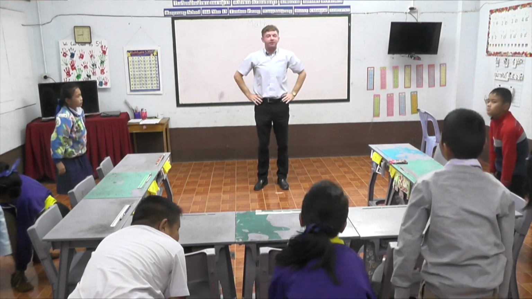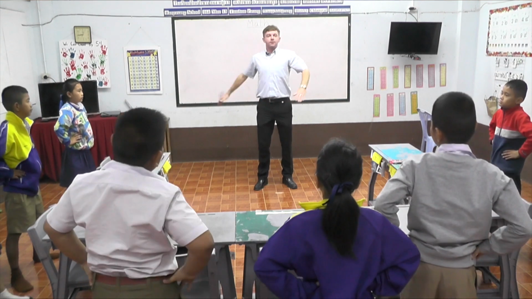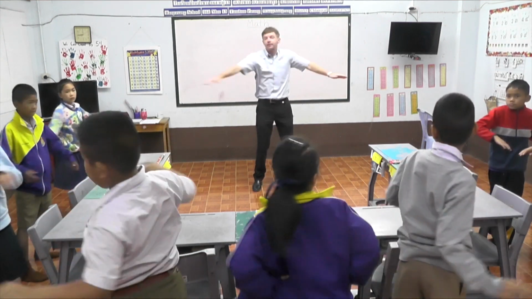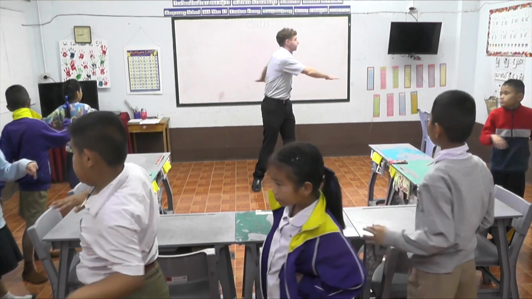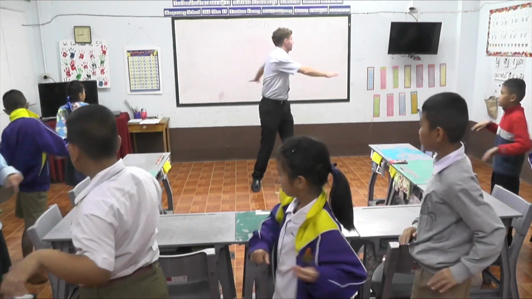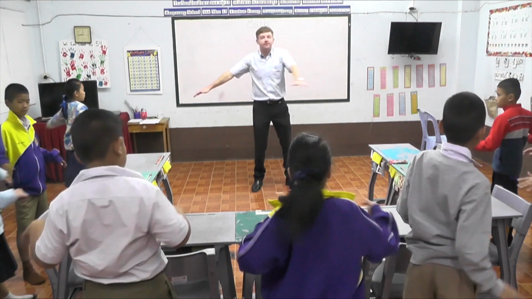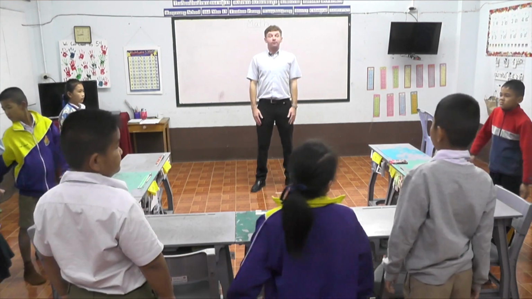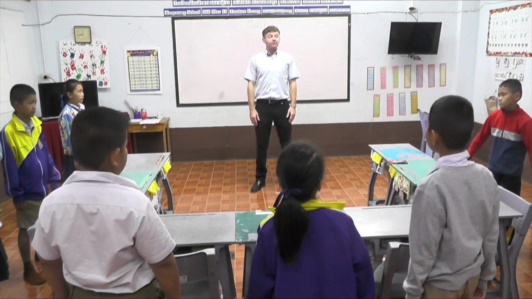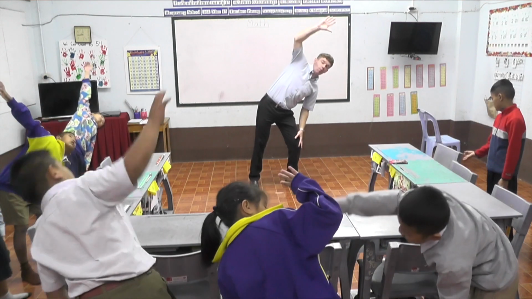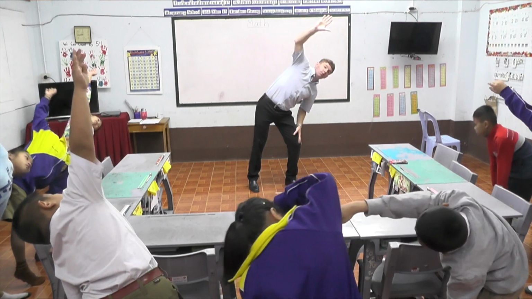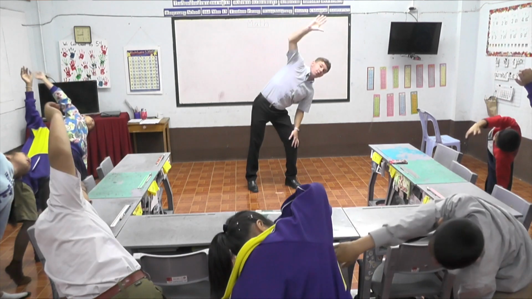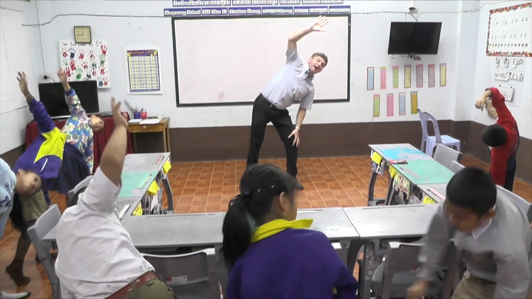Let's stand up straight. And we'll go left, right, left, right, left, right, left, right, left, right. And next we'll do some stretches. Let's do 5 stretches to our left. 1, 2, 3, 4, 5.